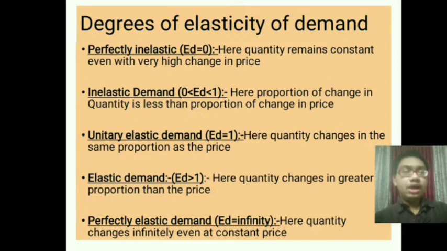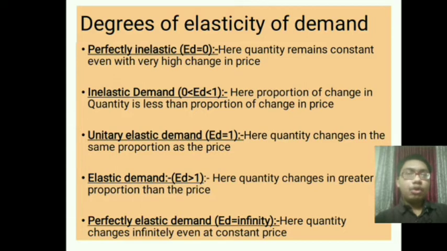Then the third category is unitary elasticity. Here, percentage change in quantity will be equal to percentage change in price. Whatever be the proportion of change in price, quantity will also change in the same proportion. Here, elasticity will be equal to 1. Then we come to elastic demand or more than unitary elastic demand.